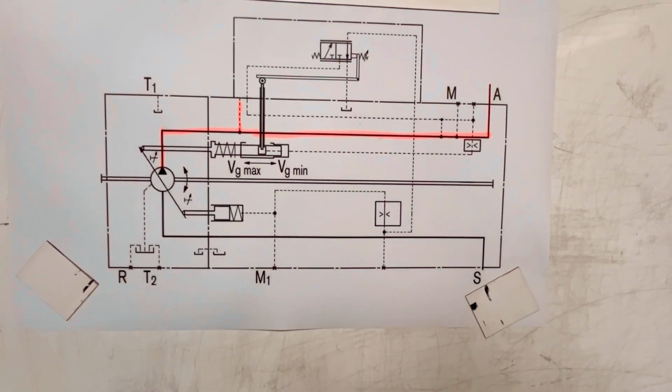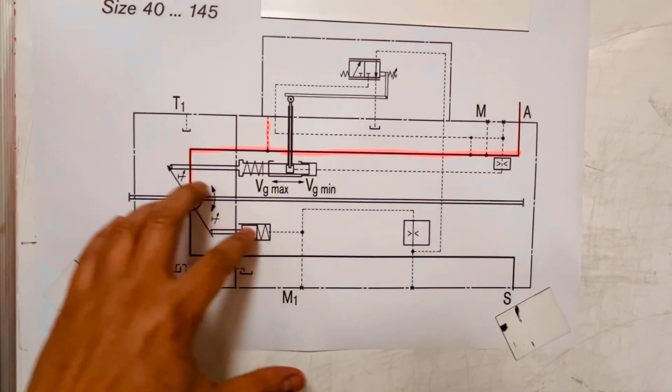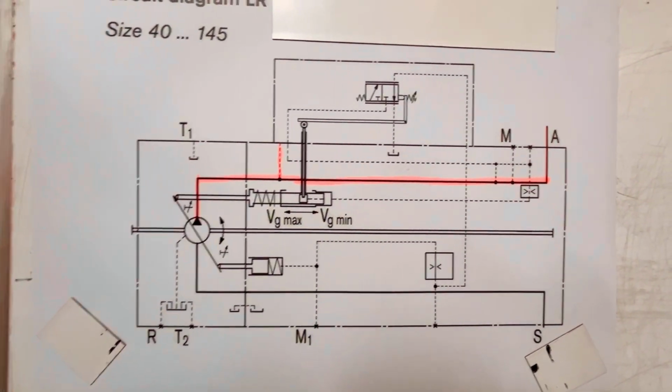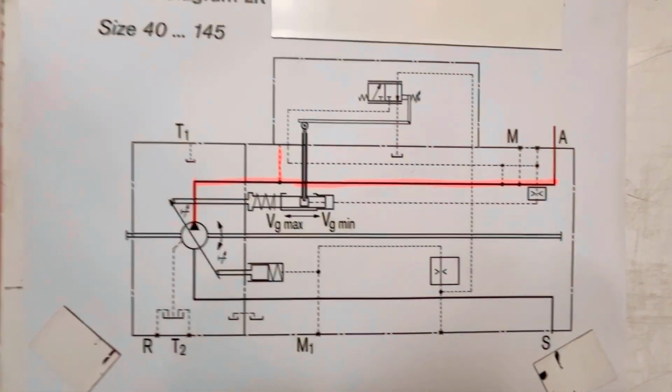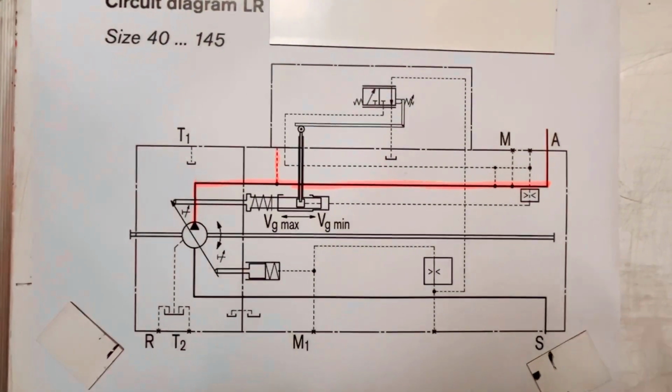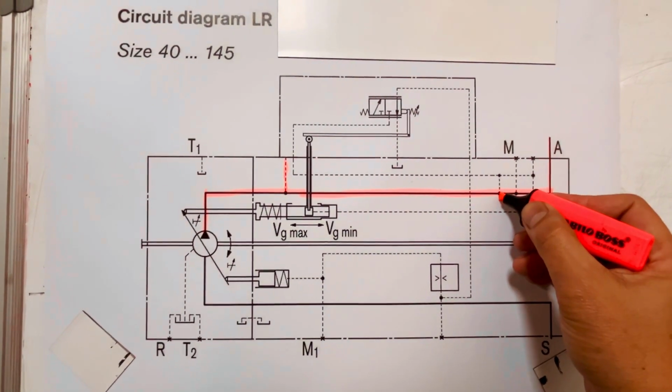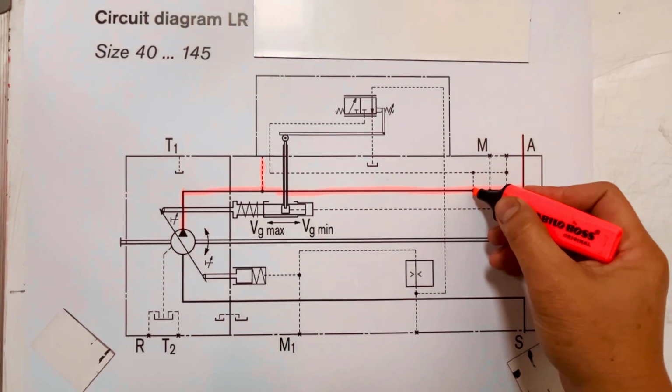Now the A11VLO at neutral, the pump is stroking because of the spring. Now we trace the system pressure. See here, it's joined.